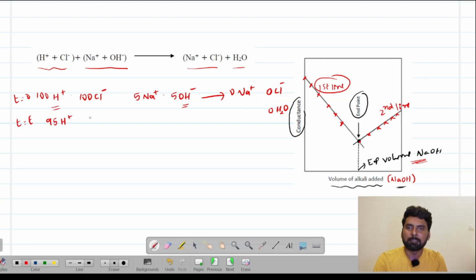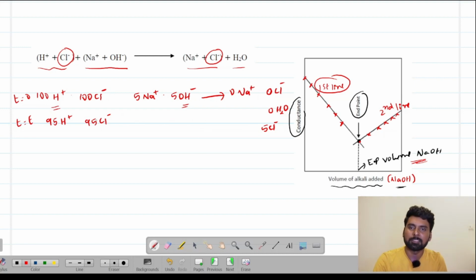How many Cl minus reacted? Are they really reacted? No. Cl minus ions will be in the ionic form only. How many Cl minus ions will be there? For your convenience, you can write it like 95 Cl minus ions here and 5 Cl minus ions there, but the nature of the Cl minus ions won't change.